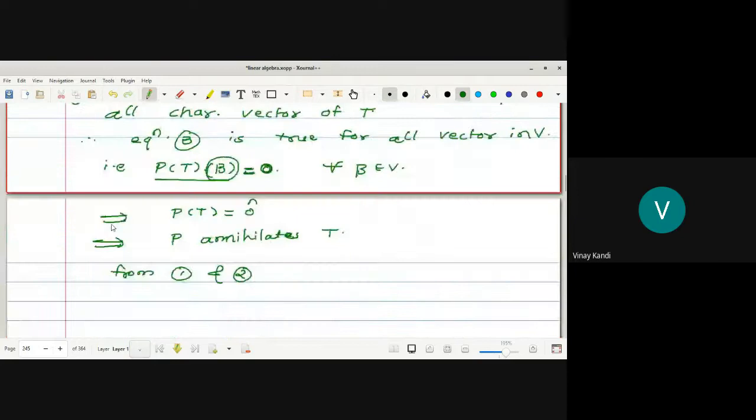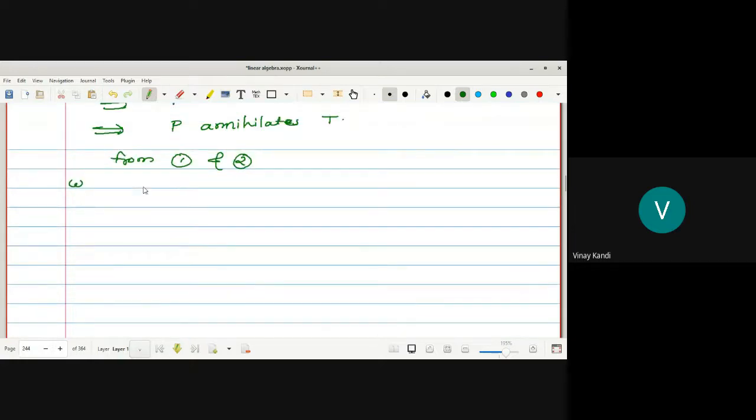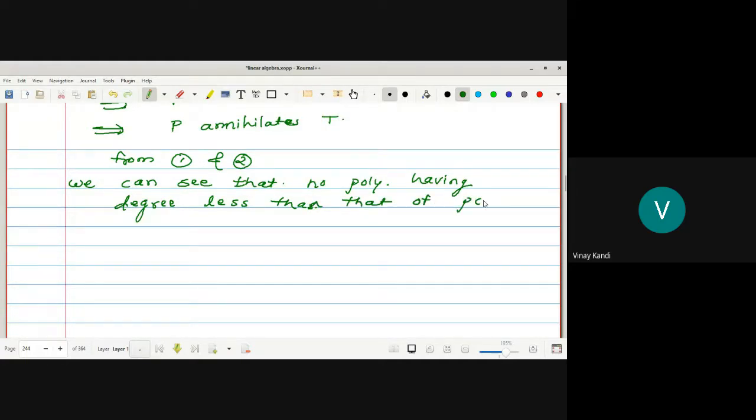You can see that from 1 and 2, no polynomial having degree less than that of P of x can annihilate T. Any doubt?